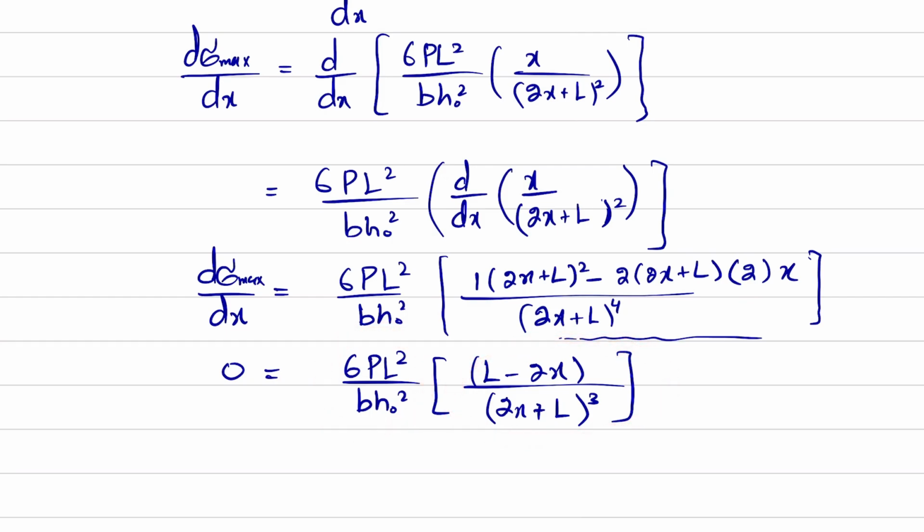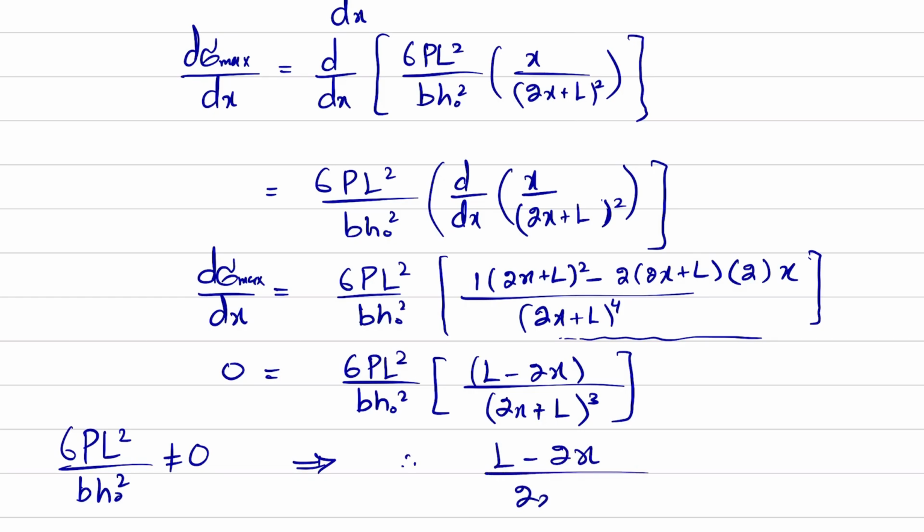But 6PL square over bh naught square, which is a constant, is not equal to 0. Therefore (L minus 2x) divided by (2x plus L) whole cube is equal to 0.